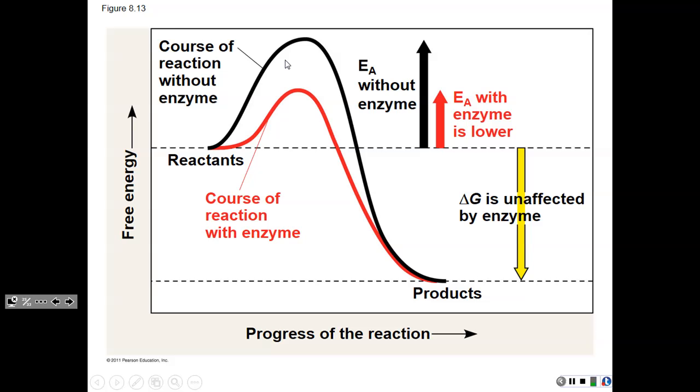Negative delta G. Okay? But here's the thing. The activation energy for that reaction to take the carbon dioxide and the water and get them to that excited transition state so that they can go down the other side and become the products, the energy that you need to invest to clear that hurdle, 50 kcals per mole.